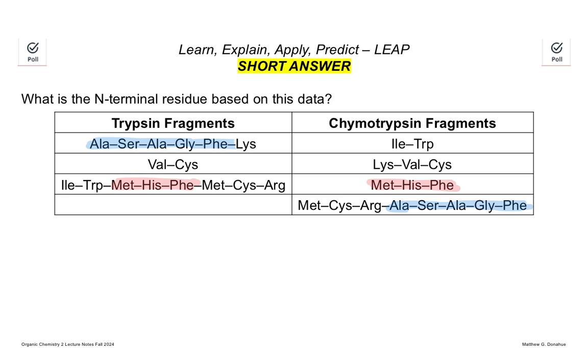And then what else can we overlap? So maybe in green. So Met, Cys, Arg.